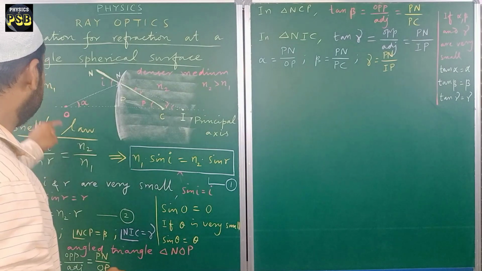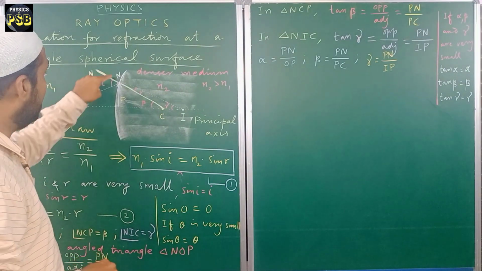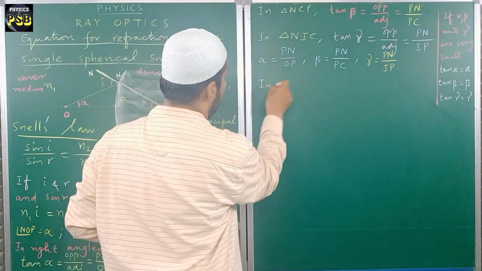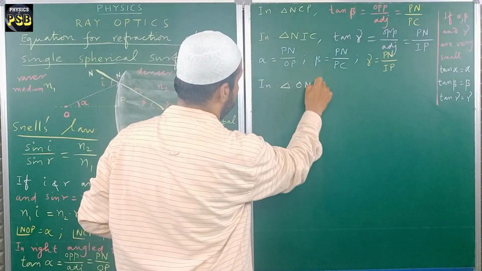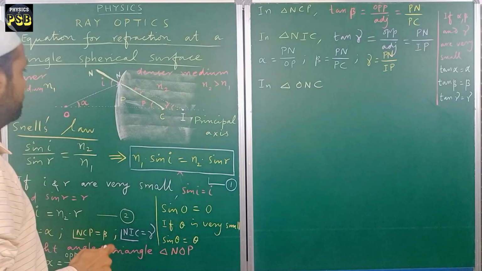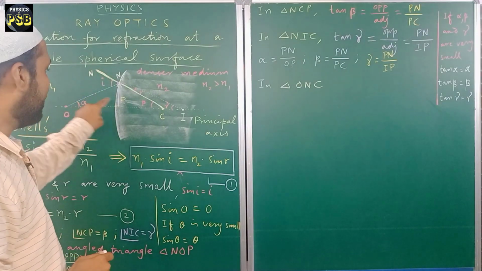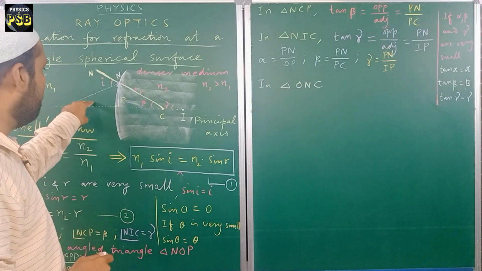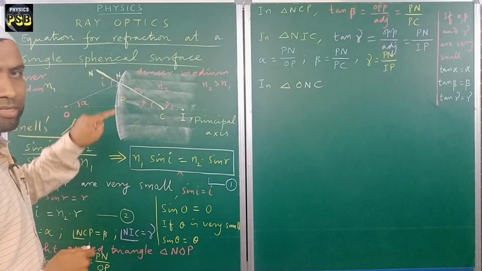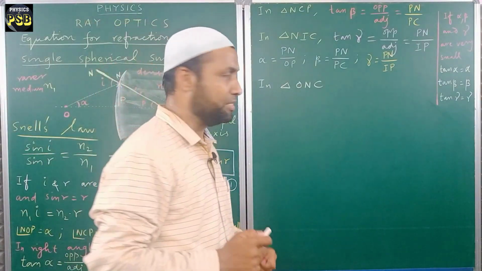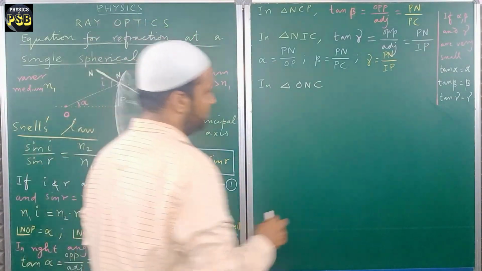Now I'll take triangle ONC. See what I do? Here, if you look at this carefully, it has got two angles, alpha and beta. If you add these two angles, then you get I, according to geometrical rules, because of this triangle.